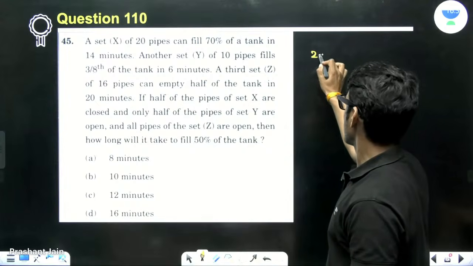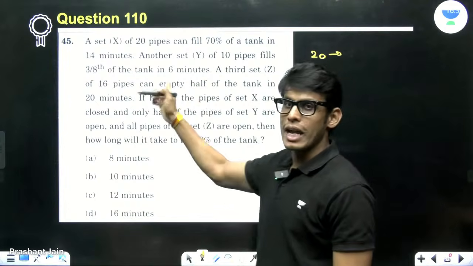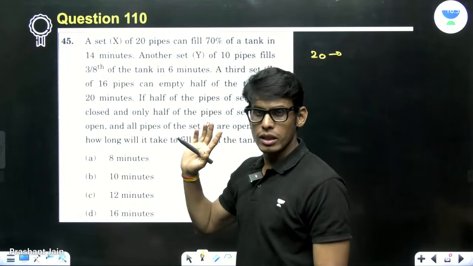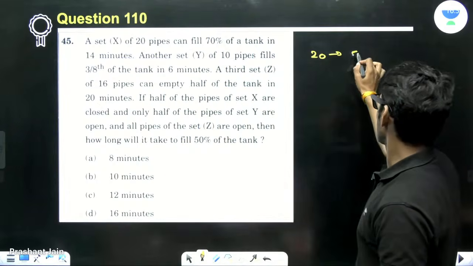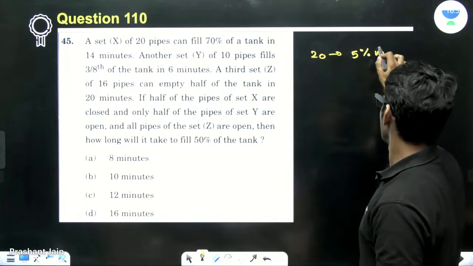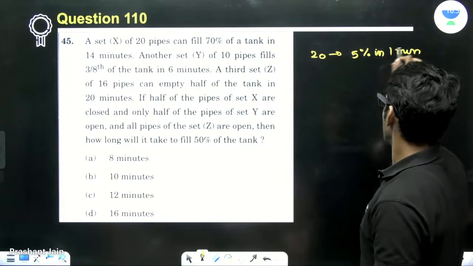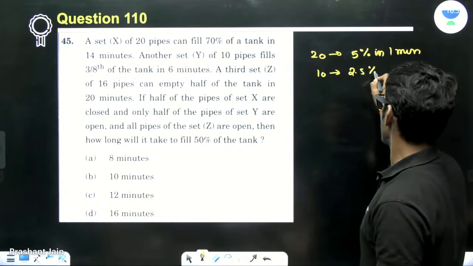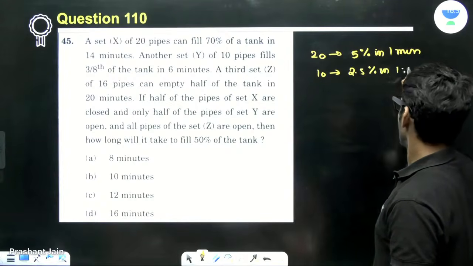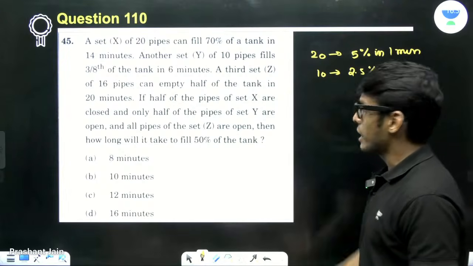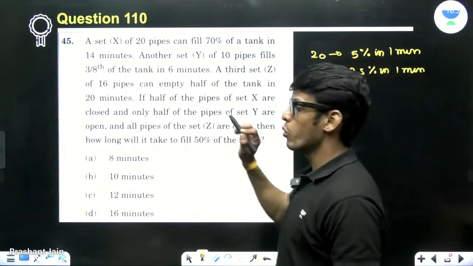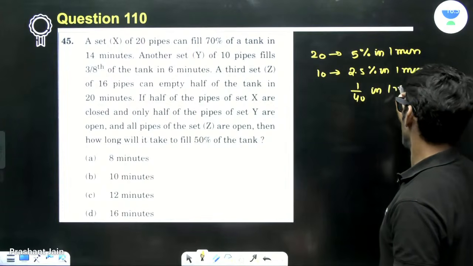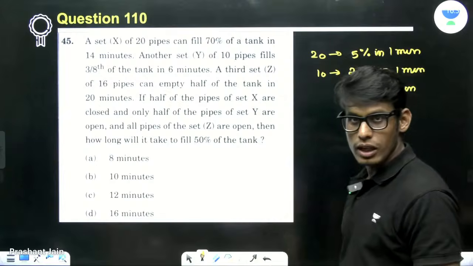So 20 pipes, first of all, get your calculation to a minute. 70% in 14 minutes, so 5% in 1 minute. If 10 pipes are working, 2.5% in 1 minute. Am I making sense? And everything is in fraction, so convert it into a fraction. 1 by 40 in 1 minute. This is X.